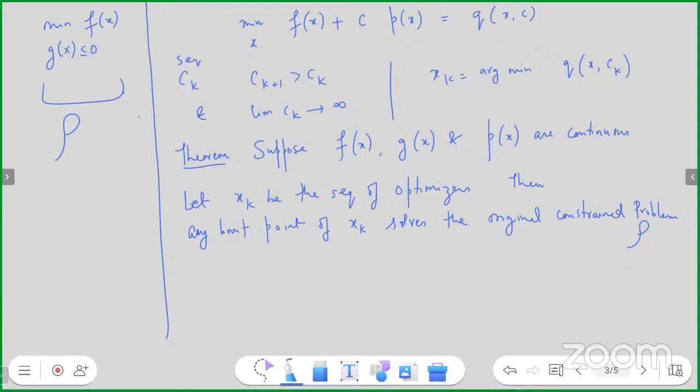So who wants to attempt? Again, the proof is elementary. So think of a limit point. Why does it have to be feasible? g is continuous. Given f, g, and p, all are continuous. So g is continuous and xk is also feasible. Is xk feasible?